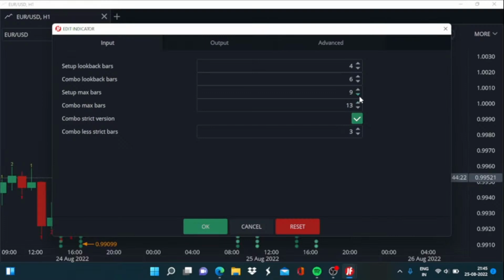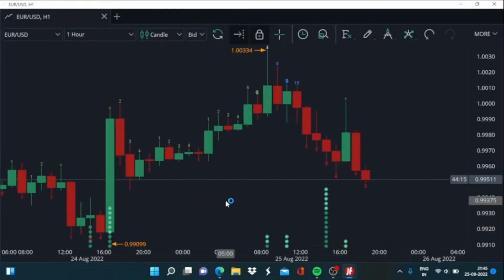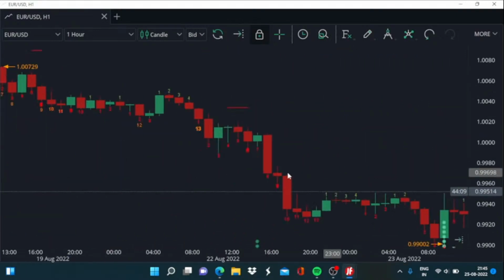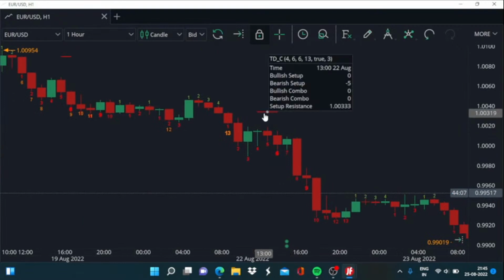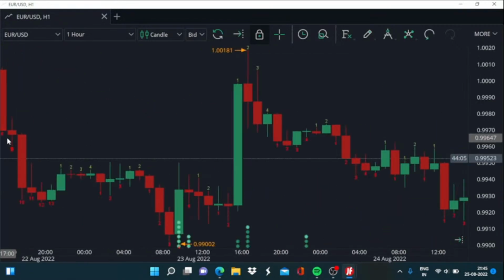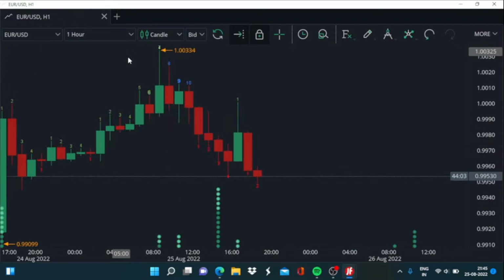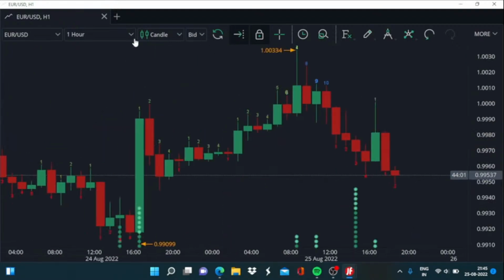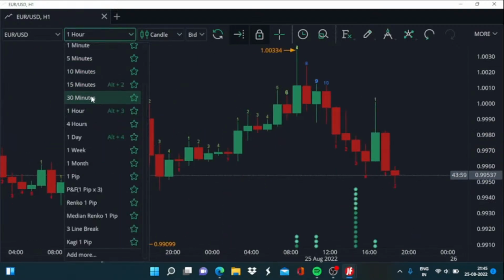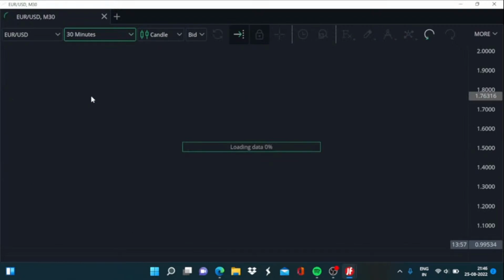So you can change it. Suppose if I make it 7 or 6, then you will see that we will have the support and resistance levels defined very differently. So here this resistance came into picture quite earlier, and for this we didn't really get the support zone defined.